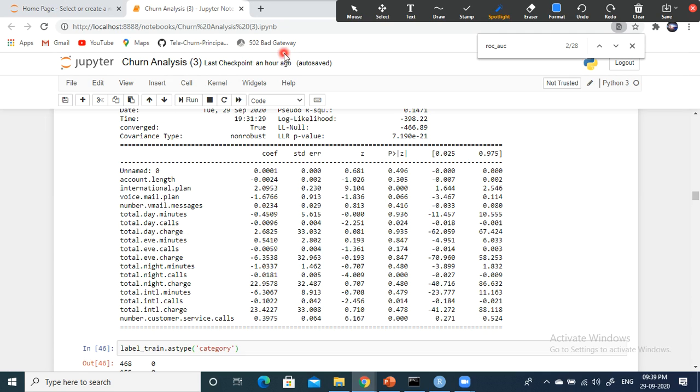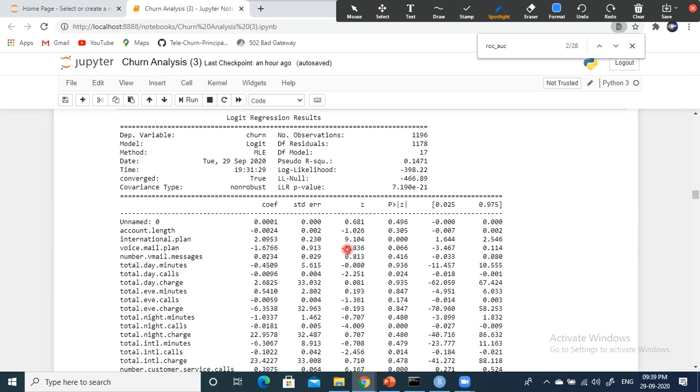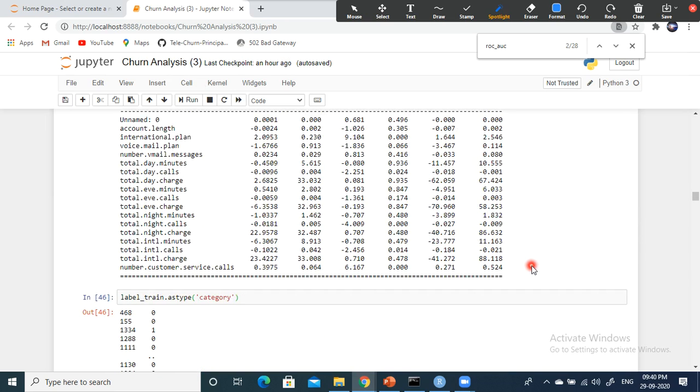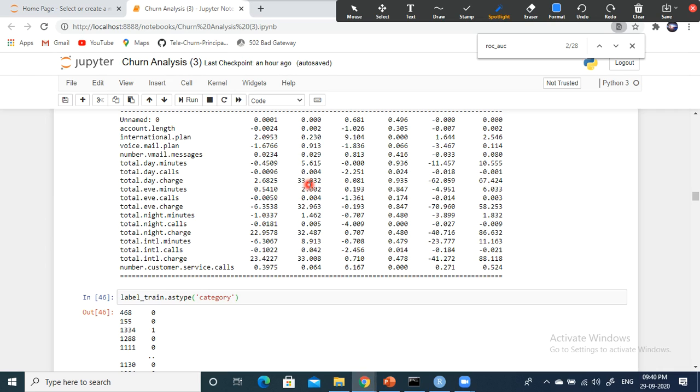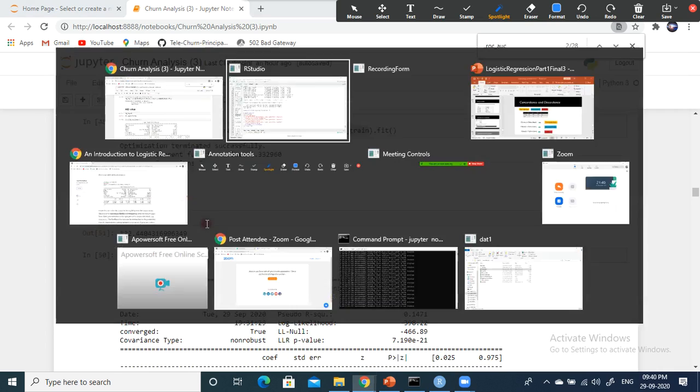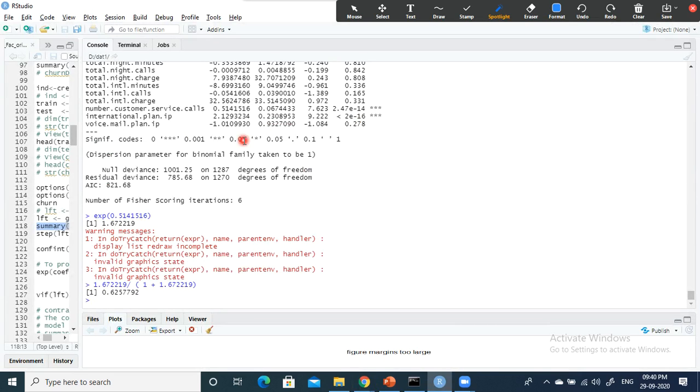Total day calls. As per this, more than two independent variables are helpful to predict my target variable churn. But in R, obviously, because here we are randomly drawing the sample, the training data set is randomly drawn. If you want the same data, then store the training data in a CSV file on your operating system.